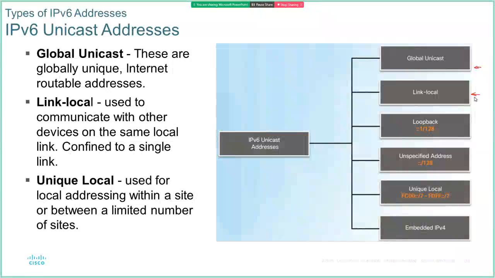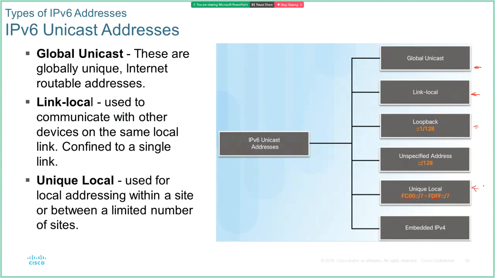These are unique to the individual network and will not be used outside of that network, so that they're just on that link. Then you've got the loopback address, and then you have your unique local address, which is the FC to FDFF addresses.